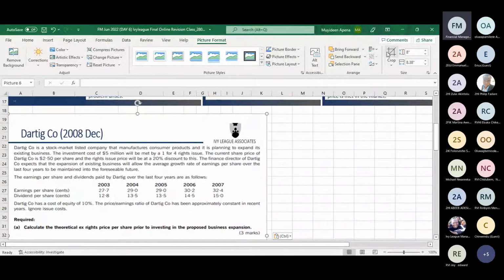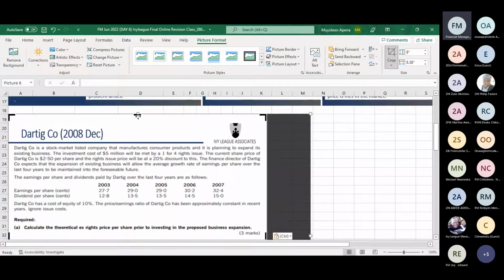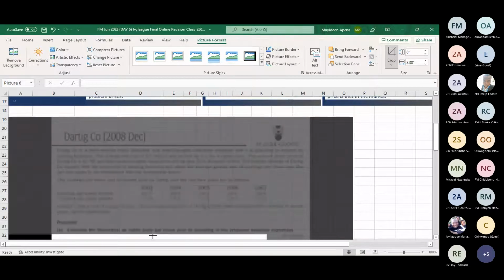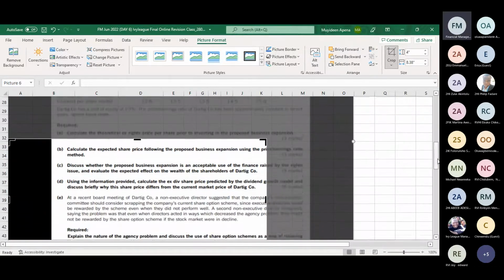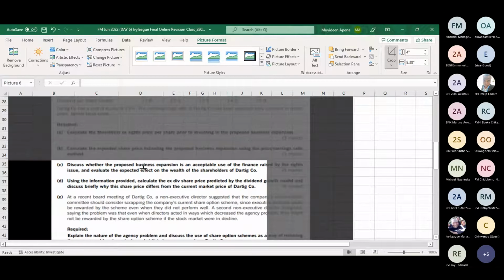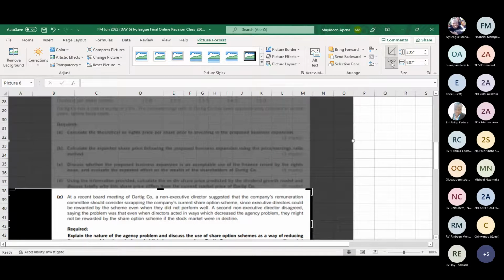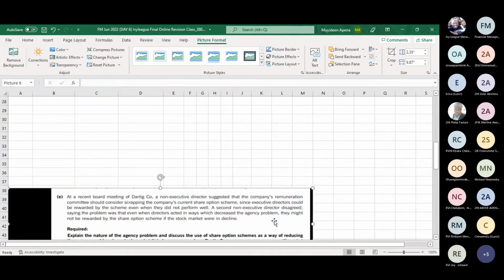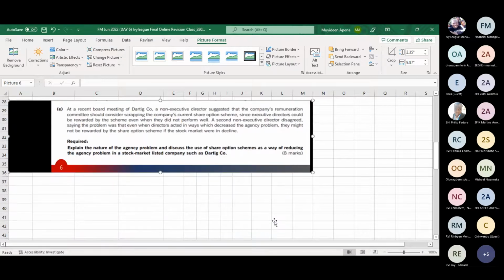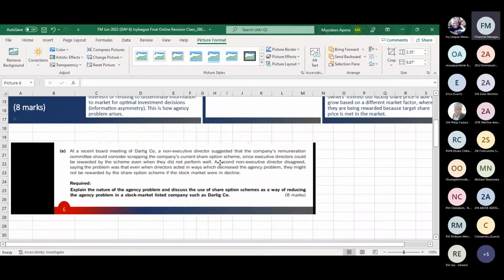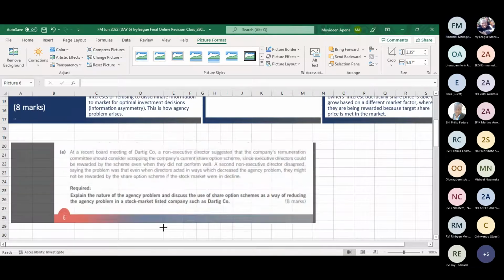Let's look at what the scenario is all about.